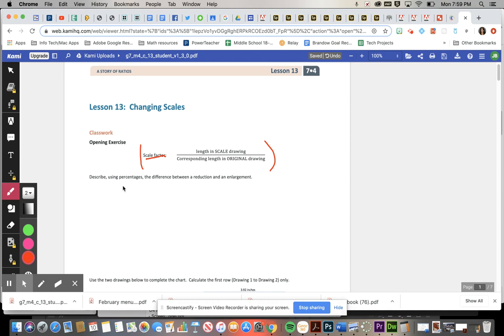Describe using percentages the difference between a reduction and an enlargement. Well, when we see the words reduction and enlargement and percentages, we talked about that a little bit Monday and today. And I know that if we're greater than 100%, it's going to be an enlargement.